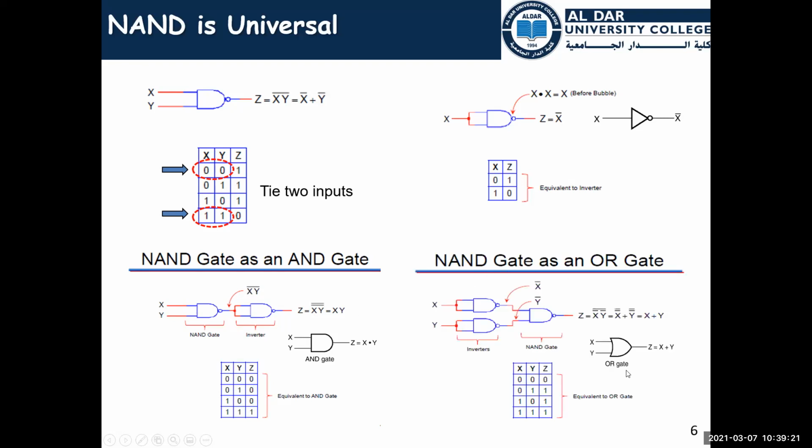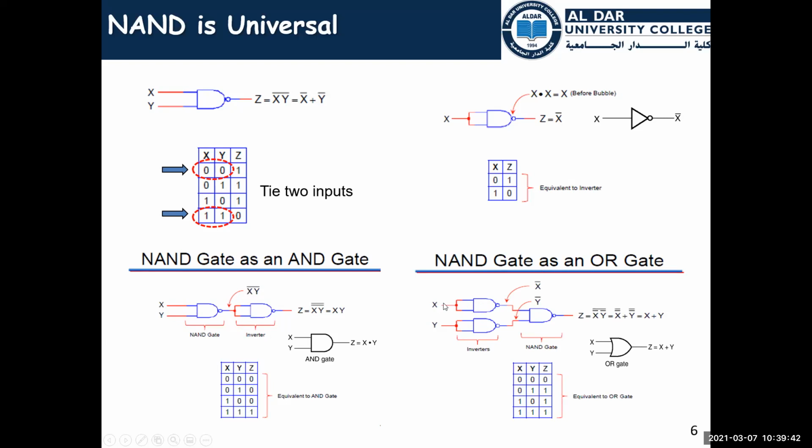Also, the OR logic can be obtained by inverting both inputs, and that inverter is obtained by attaching the two inputs of this NAND gate.